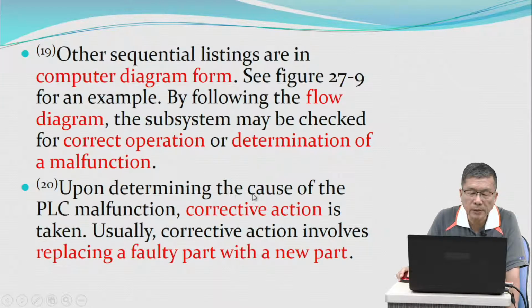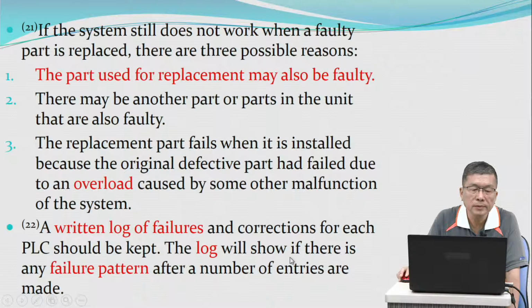Upon determining the cause of the PLC malfunction, corrective action is taken. Usually, corrective action involves replacing a faulty part with a new part. If the system still doesn't work when a faulty part is replaced, there are three possible reasons.